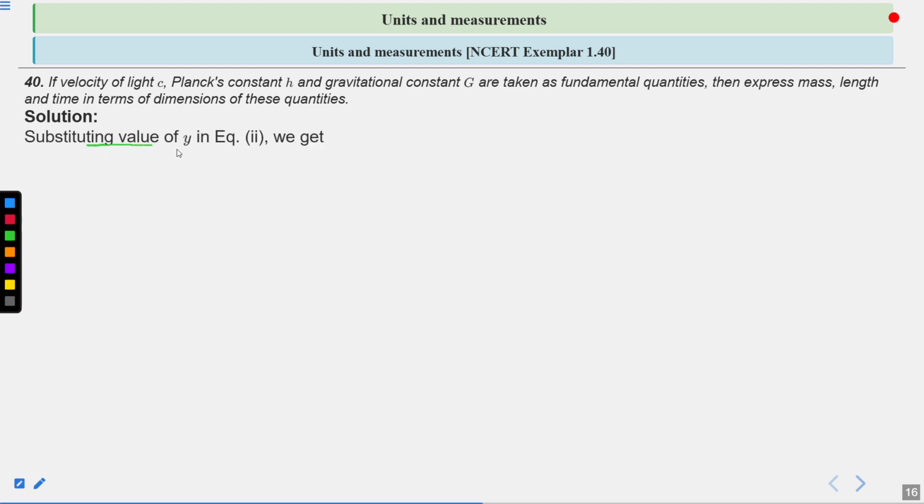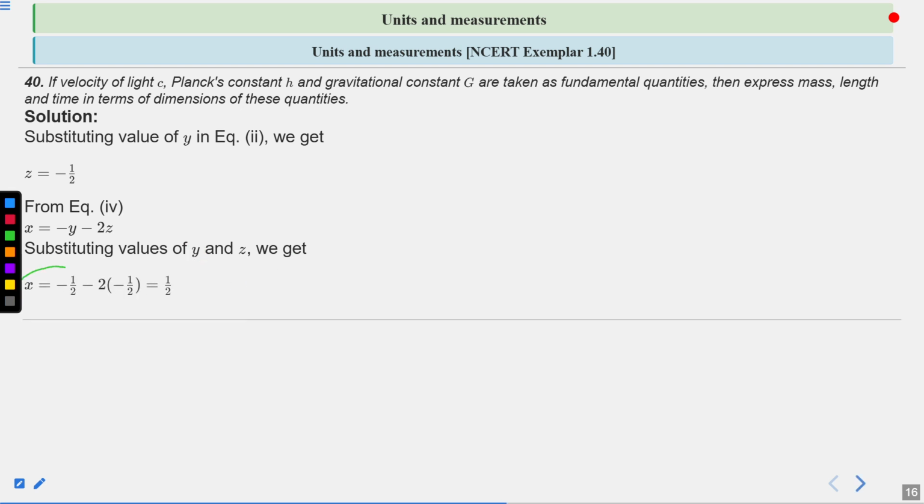Substituting y in equation second, z is equal to minus 1/2. From equation 4, x is equal to minus y minus 2z. Substituting the values of y and z, x is equal to minus 1/2 minus 2 into minus 1/2, which gives 1/2. So x is equal to 1/2, y is 1/2 and z is minus 1/2.